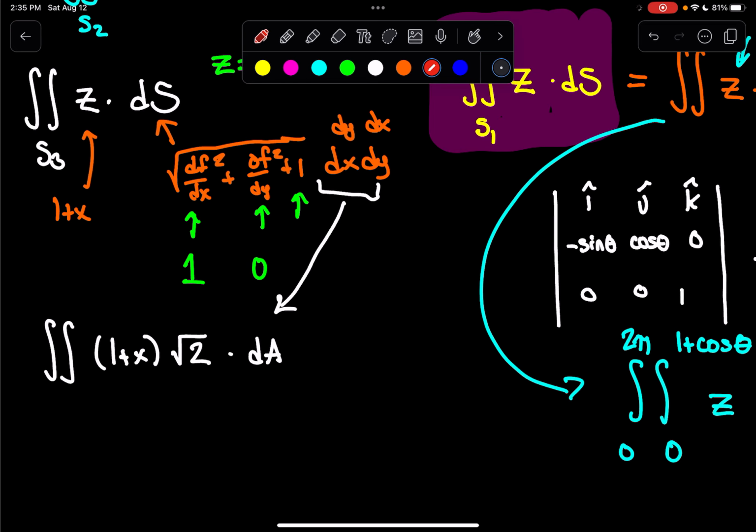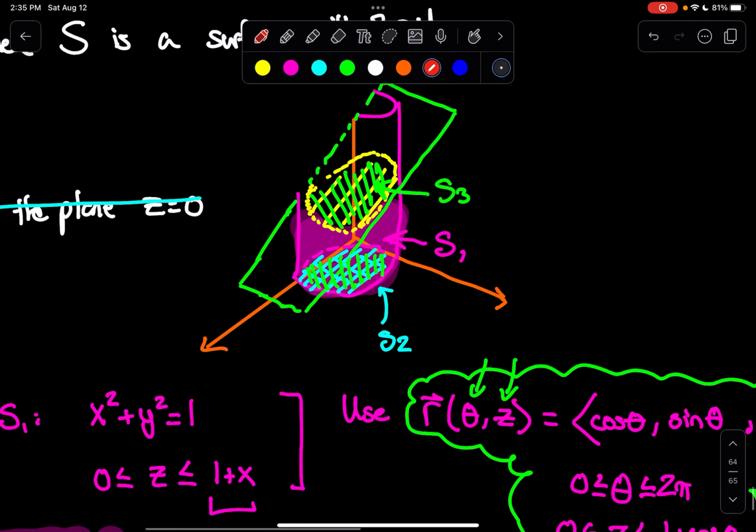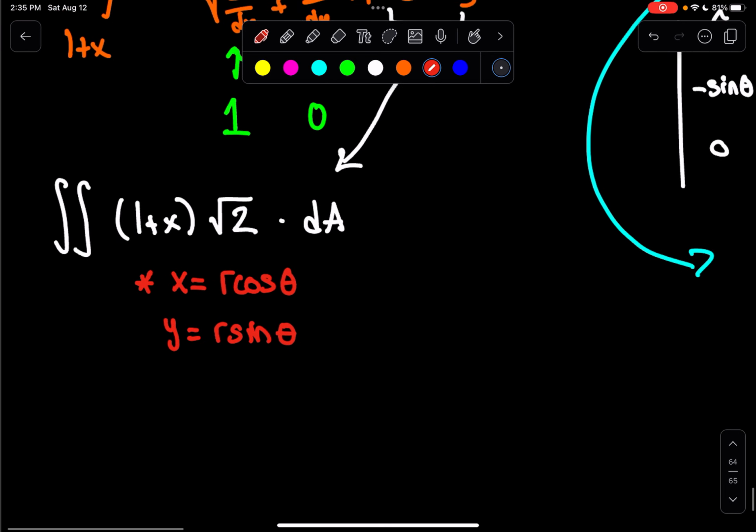So at this point, I'm simply going to let x be equal to r cosine theta and y be equal to r sine theta. You might be wondering, Dylan, how come you're letting x be equal to r cosine theta? Well, because in the shape, we want all of the points on this surface, and that includes every single point inside this projection circle sitting on the ground right here. And that includes us using r cosine theta and r sine theta.